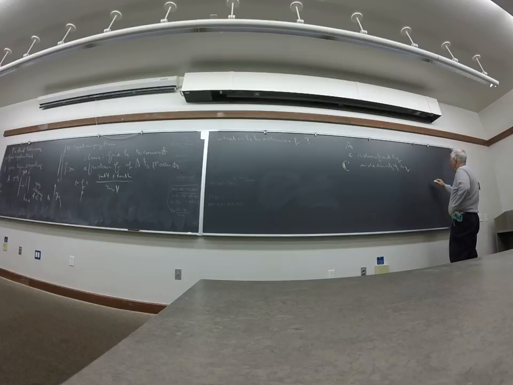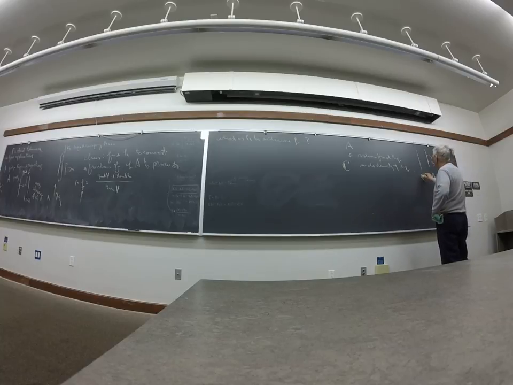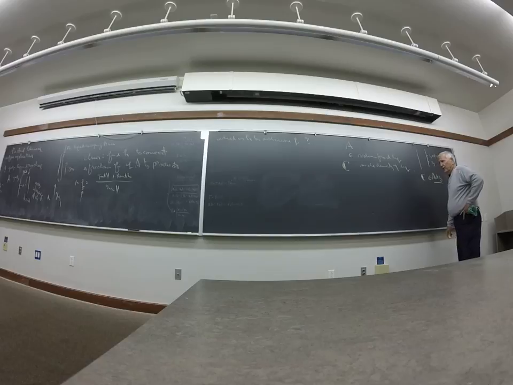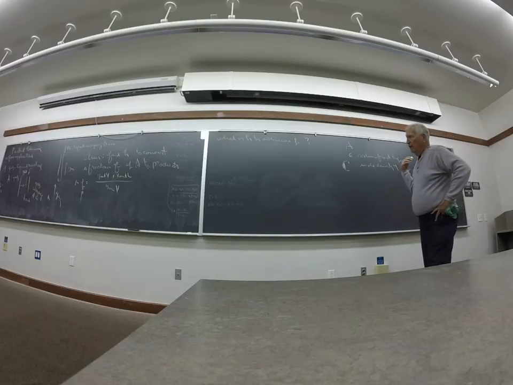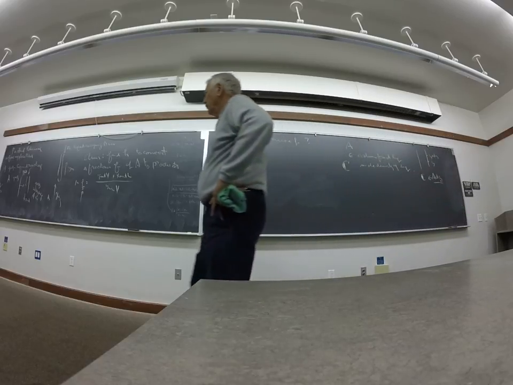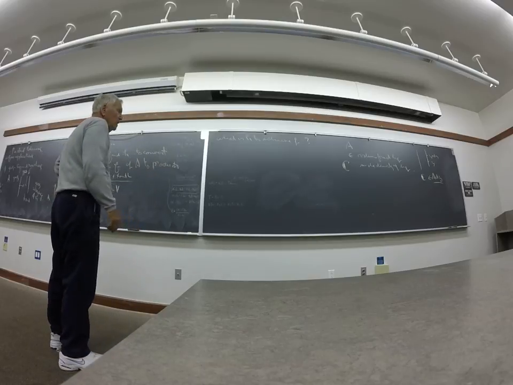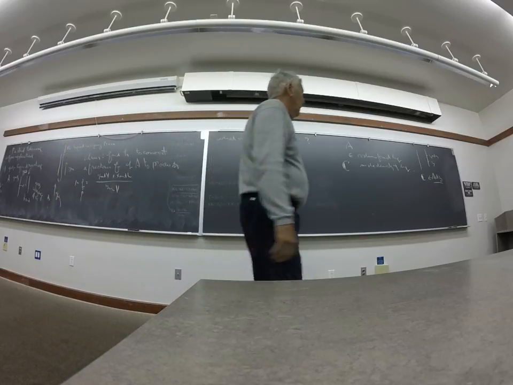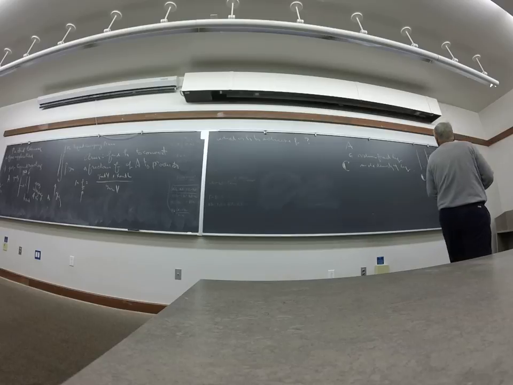So in a volume A dZ, say between Z and Z plus dZ, the column volume is A dZ. The liquid volume is epsilon A dZ. The amount of moles in that volume is C epsilon A dZ. That's the number of moles in the liquid in that piece of a column. So that's what those symbols stand for. So what is this exercise in mass balance by and large?